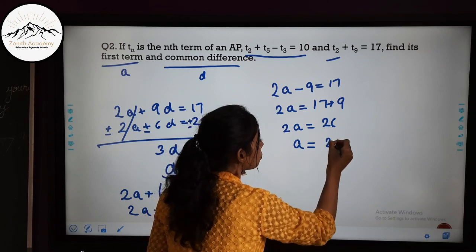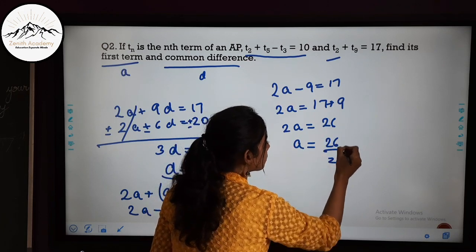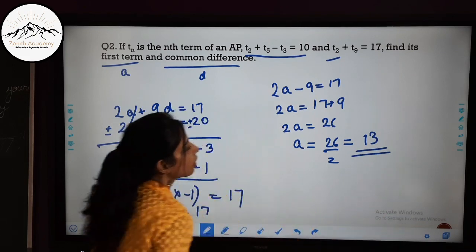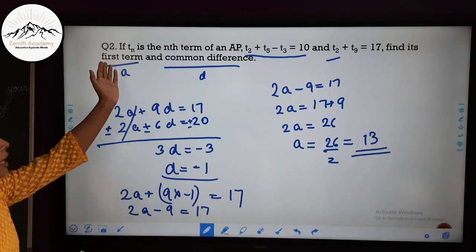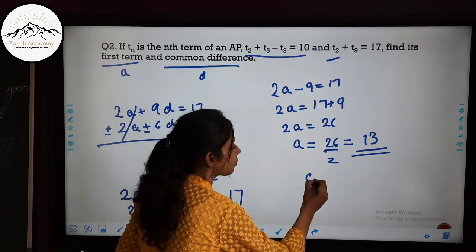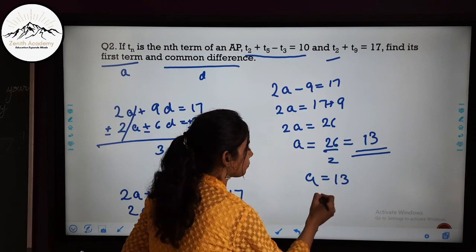Hence, A is equal to 26 divided by 2, which is 13. Hence, we got A is equal to 13 and D is equal to minus 1 as our answer.